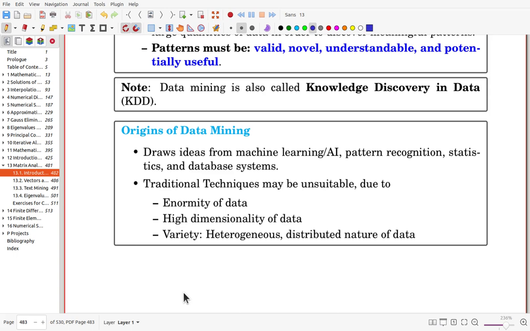Traditional techniques may be unsuitable due to the enormity of data and high dimensionality of the data or variety. The data nowadays are quite heterogeneous, and they are saved into various files and formats. So we have to well organize the data mining technique from the beginning.